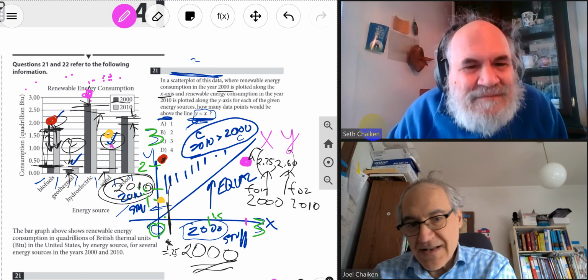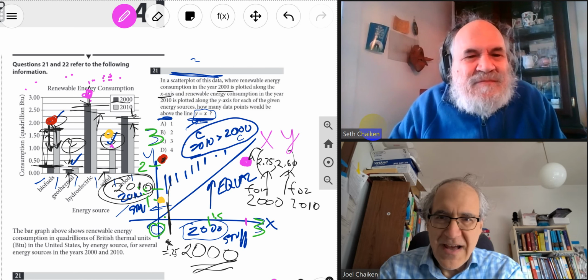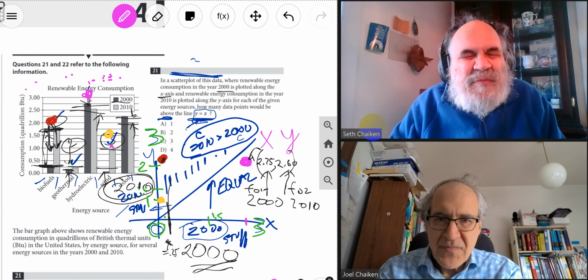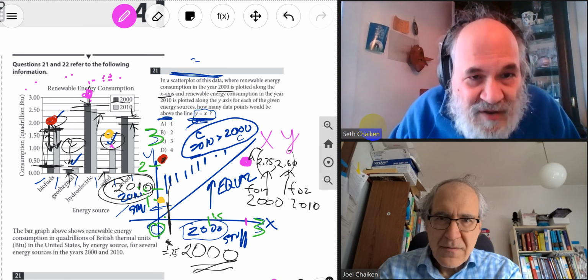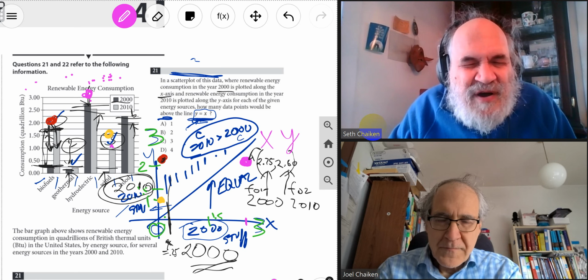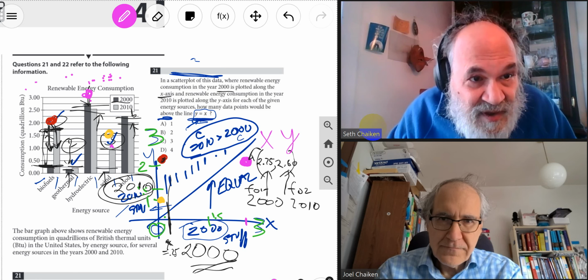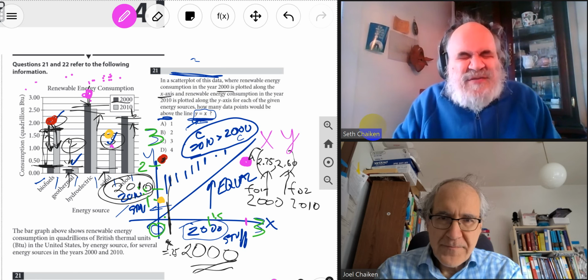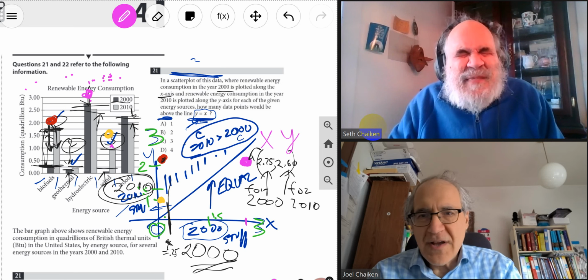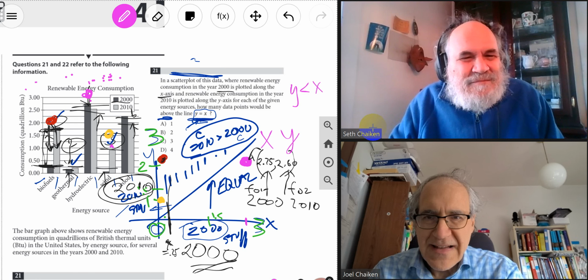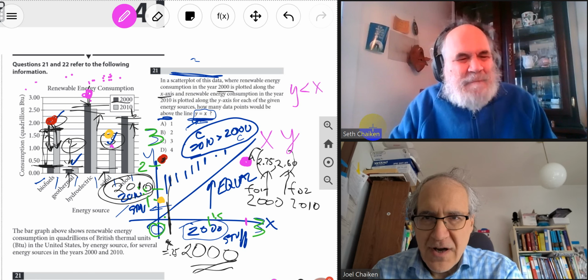The y is less than the x, so it does not go in our set of acceptable data points. The purple dot is below the line of scatter plot points that would be there for equal consumption in the 2 years. That's not what they want.